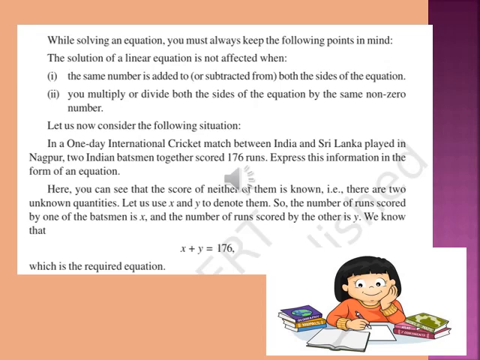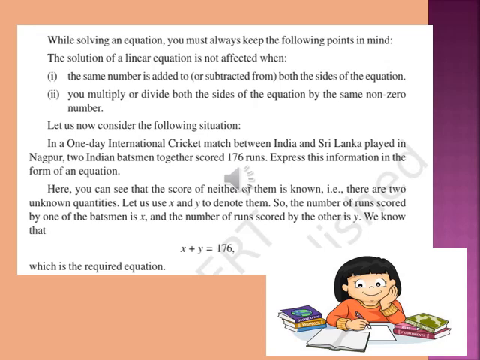So let's take two unknown quantities, that is variables. So let's use x and y. Let x be the runs scored by one batsman and y the runs scored by the other batsman, the second batsman.